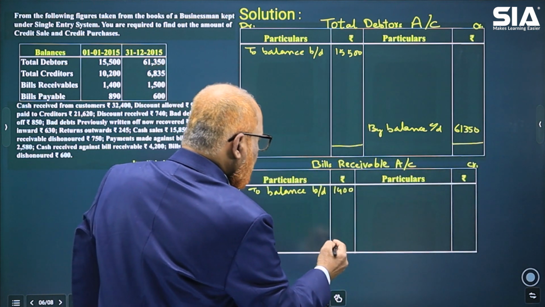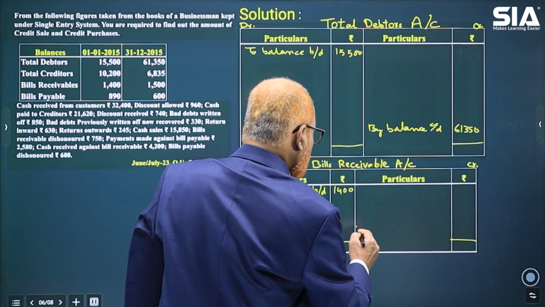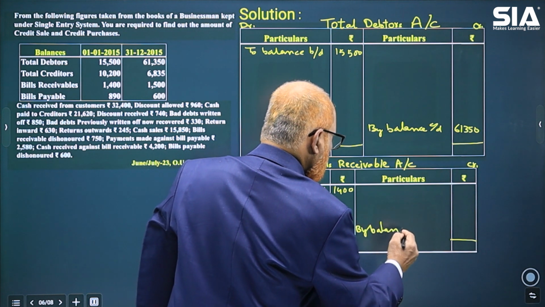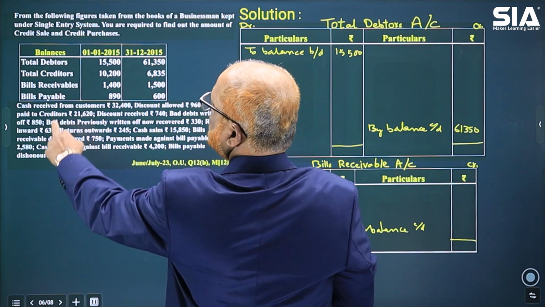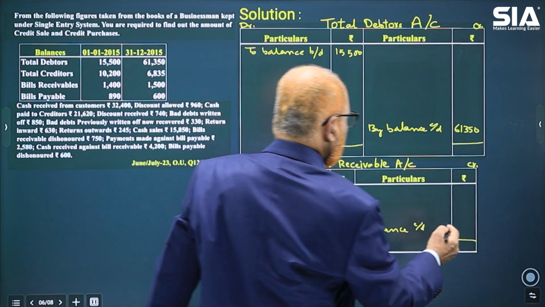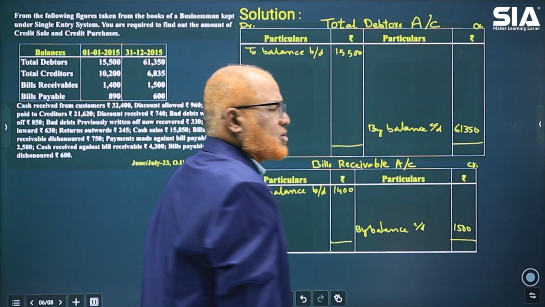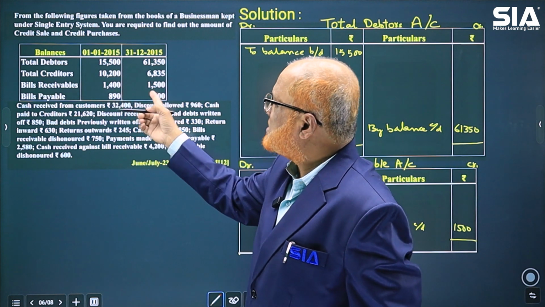Same way, closing balance of bills receivable, credit side by balance carried down. Closing balance of bills receivable is 1,500. That's all. We have taken the opening and closing balance of debtors and bills receivable.